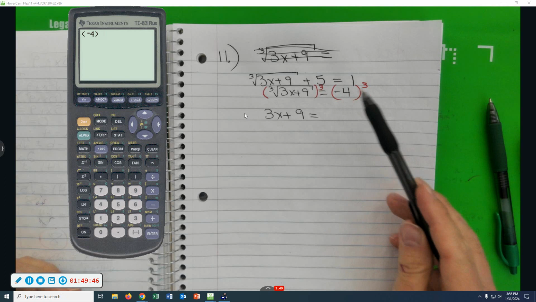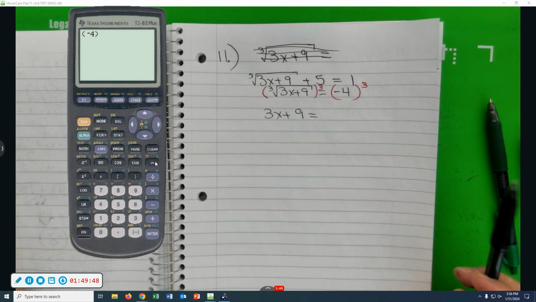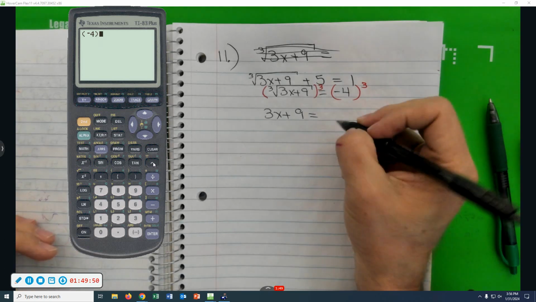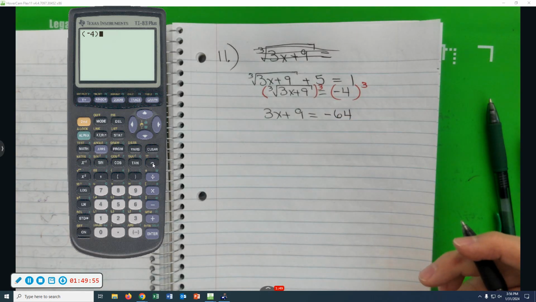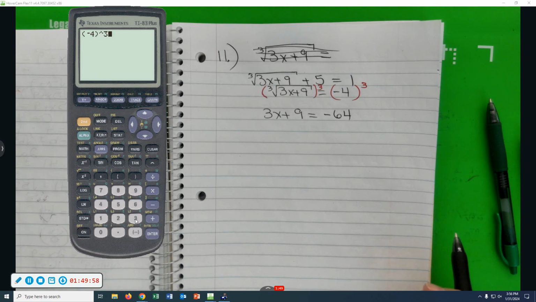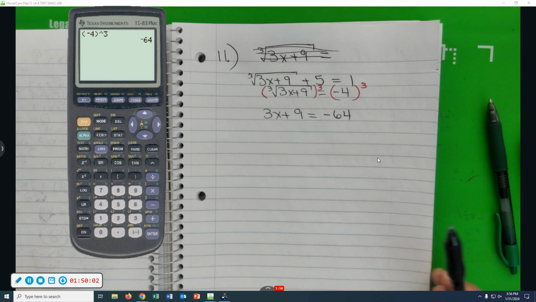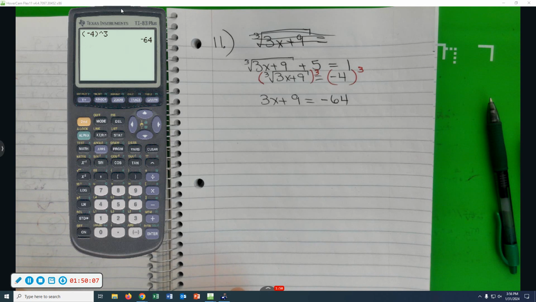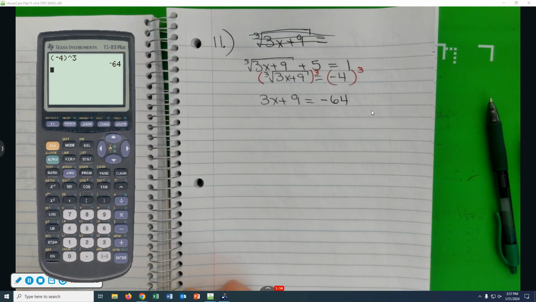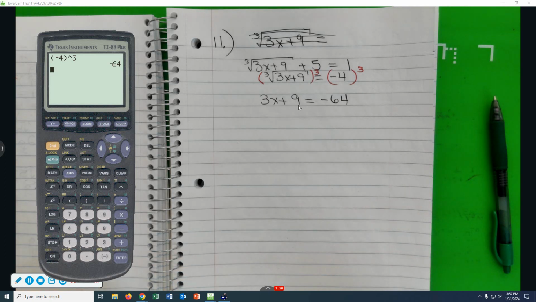What's negative 4 times negative 4 times negative 4? In order to enter an exponent other than square on this calculator, I have to hit the caret. Negative 4 times negative 4 times negative 4 is negative 64. Am I going to have to set it equal to 0 and factor? Do we have a quadratic or a linear equation? I think this is the easiest equation we've had so far in this assignment. Let's move the 9 over.